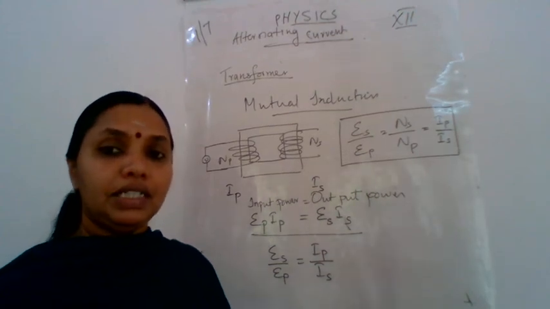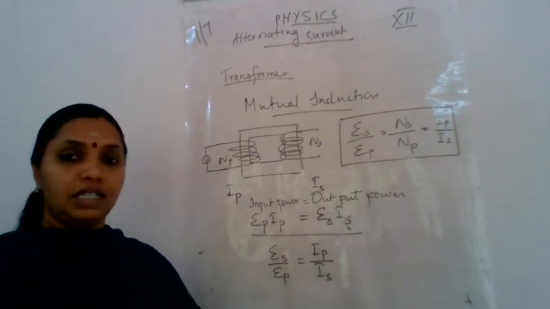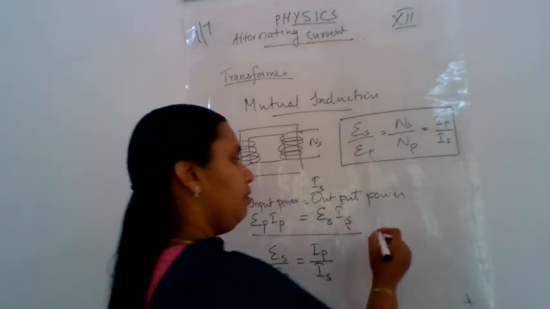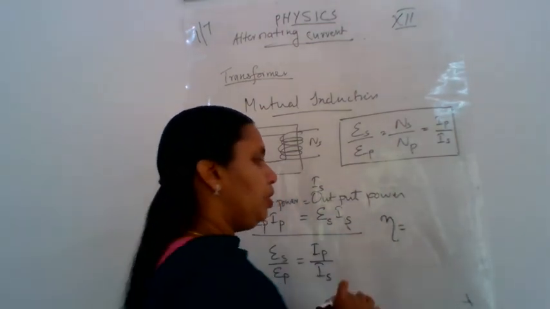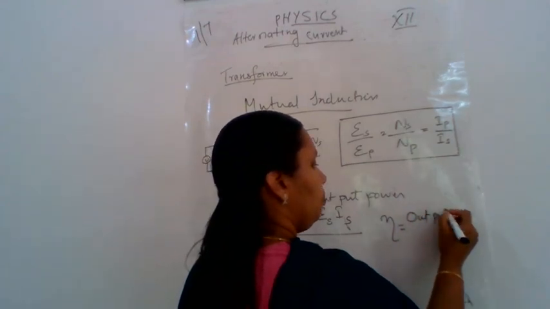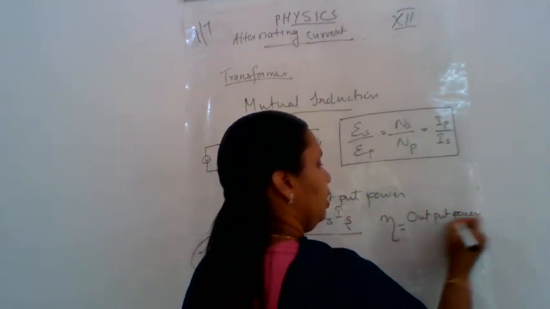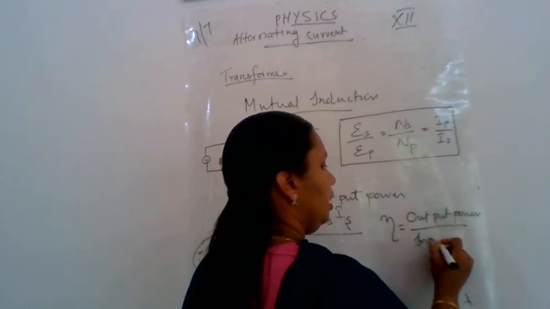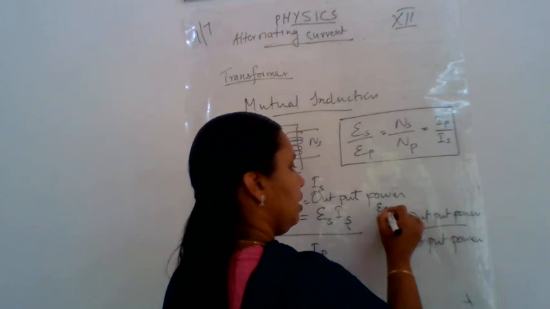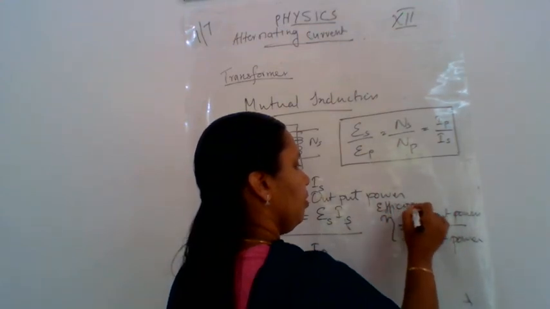Okay. And what is the efficiency of this? For any device, we have to go for the efficiency. What do you mean by the efficiency of the device? Efficiency is the ratio between output power and input power. Efficiency is represented by the letter eta.